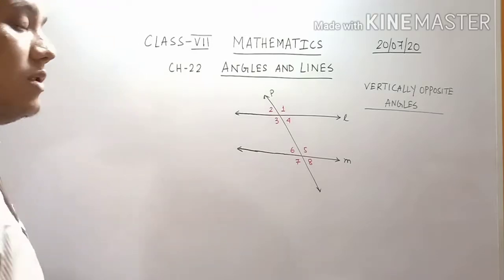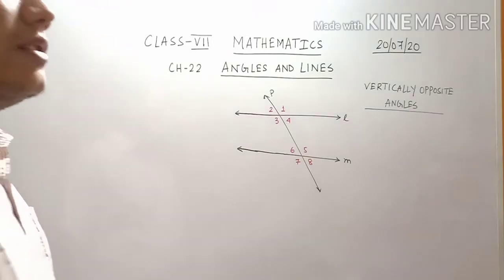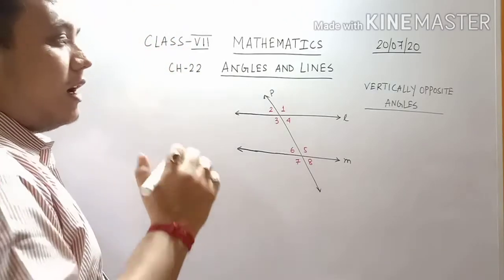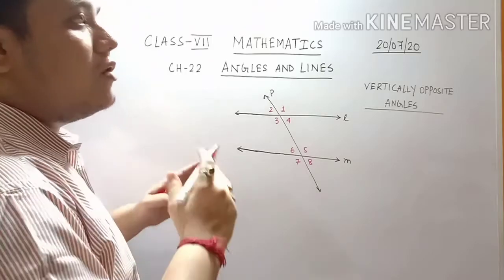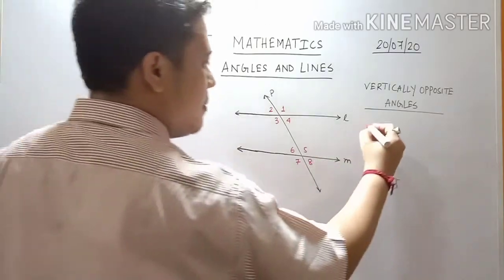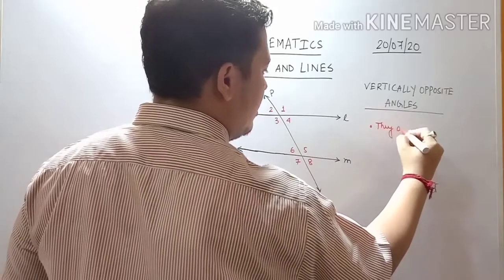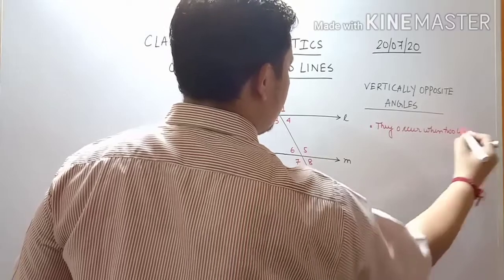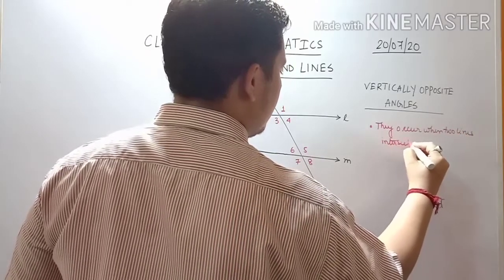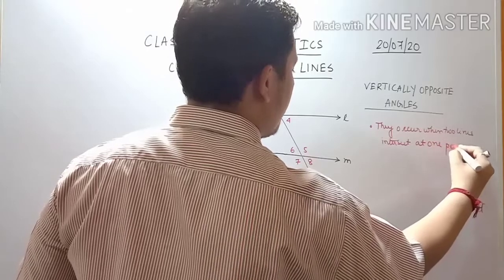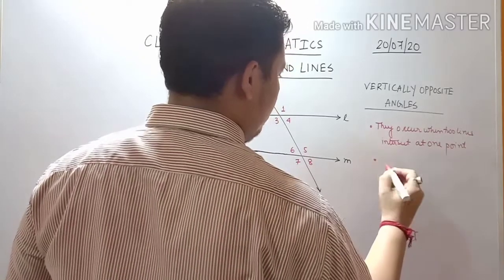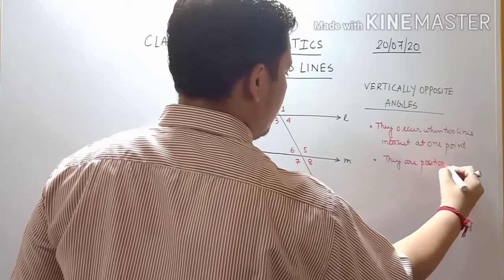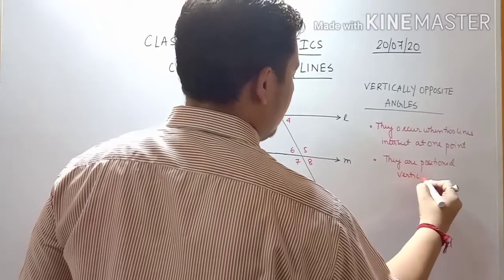Vertically opposite angles are those angles which are positioned vertically up and down, and they only occur when two lines intersect at one point. They are positioned vertically.